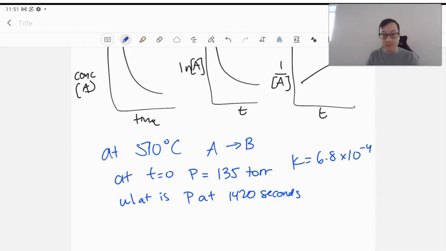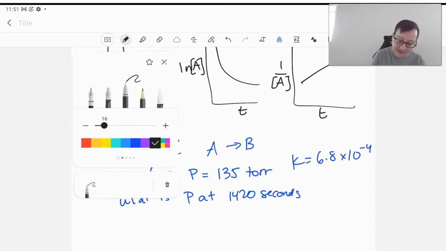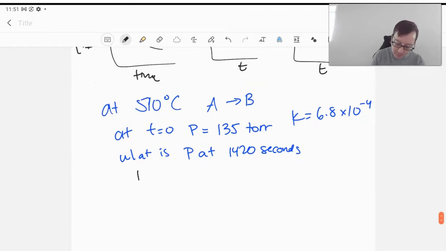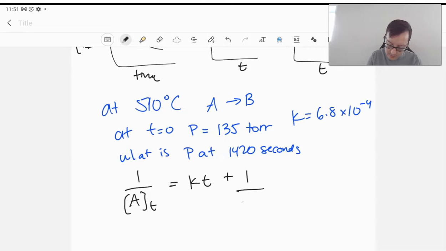Okay, so if we go ahead and do this, we just need to write down our formula again. 1 over the concentration of A at time t, which is what we're solving for, or rather we want the inverse of it, is going to be equal to kt plus 1 over our initial concentration, or pressure. Again, either one works here.